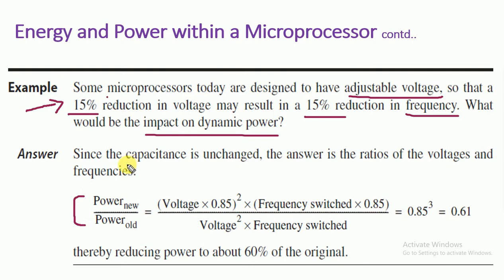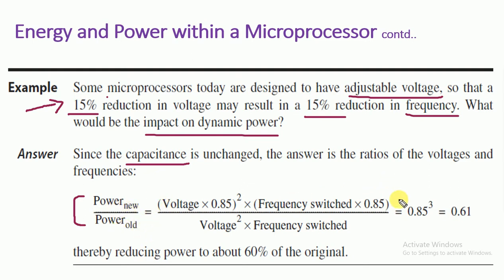As you know, in both situations we are considering the same capacitance. For the old system and the new system, the capacitance remains unchanged. So now we can have the ratio of power of the new system to power of the old system.